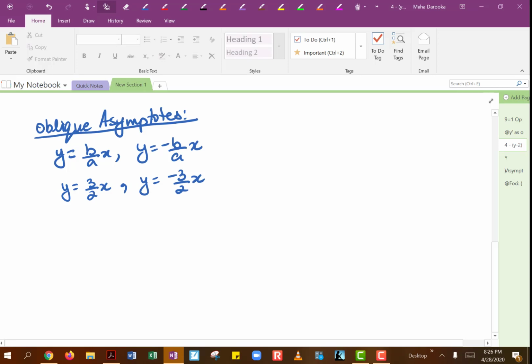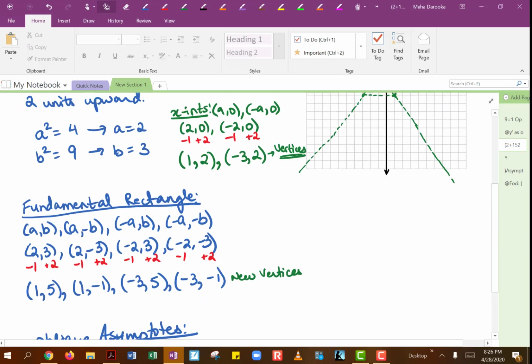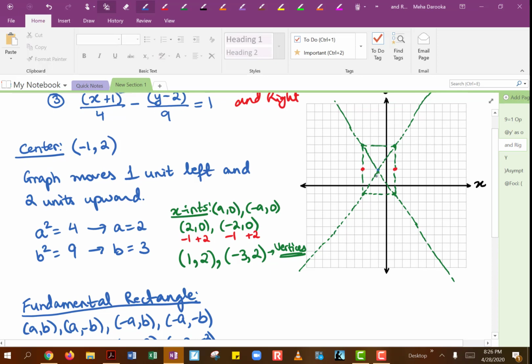So in this case, the slope of our lines is still going to be 3/2, but now we will be passing through the point (-1, 2), and you can see that, right? Our oblique asymptotes are passing through the center of (-1, 2), so we need to take that into account.